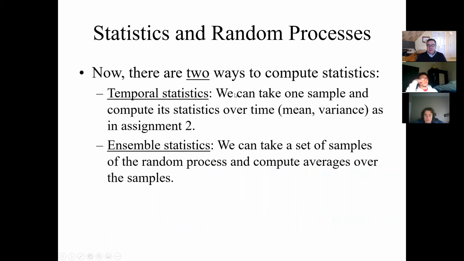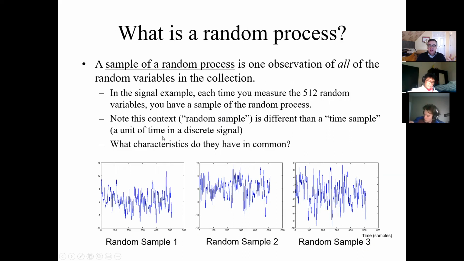The thing about random processes is that now we have two different ways of computing our statistics. We can compute temporal statistics, and that is to take one sample and compute its statistics over time.